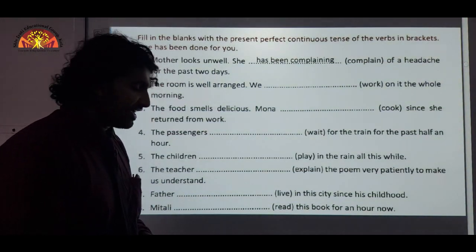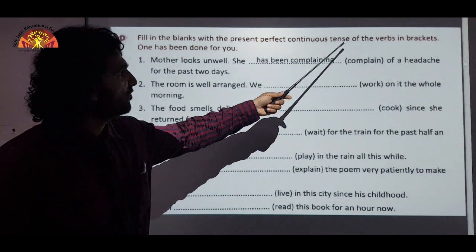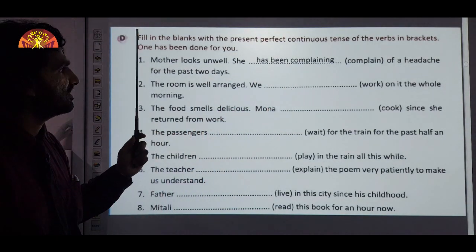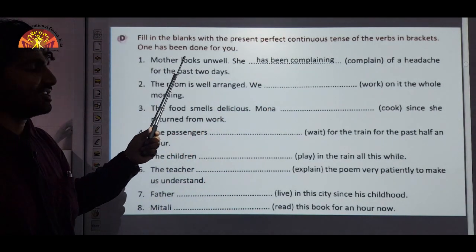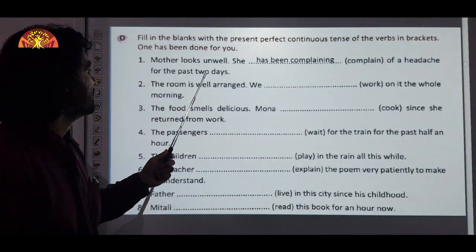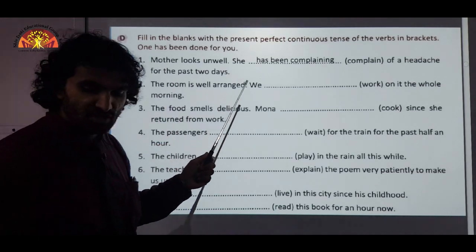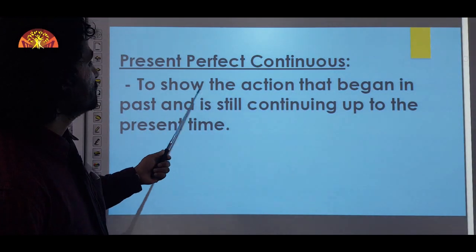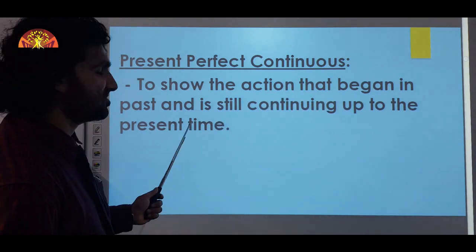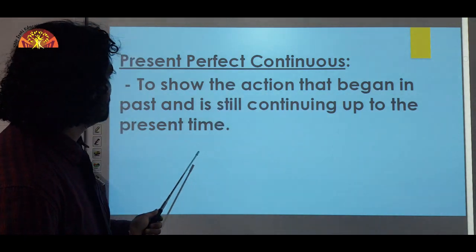Again, the exercise: fill in the blanks with present perfect continuous tense of the verbs in brackets. One has been done for you. Mother looks unwell. She has been complaining of a headache for the past 2 days. So what did we learn about this? To show the action that began in the past and is still going on, continuing up to the present time.